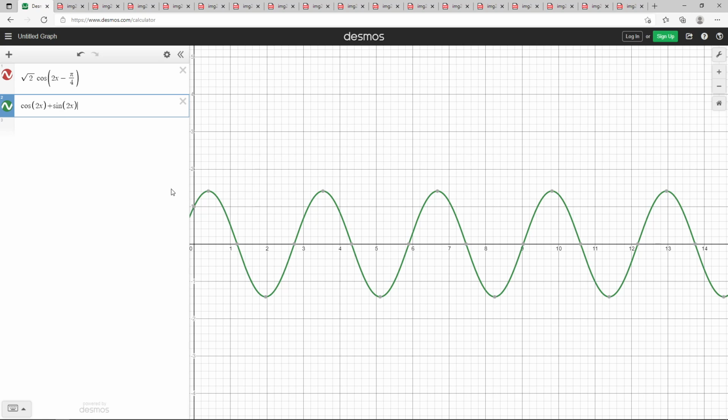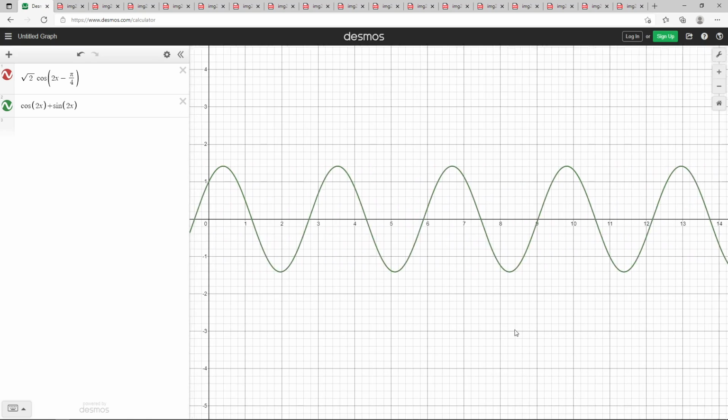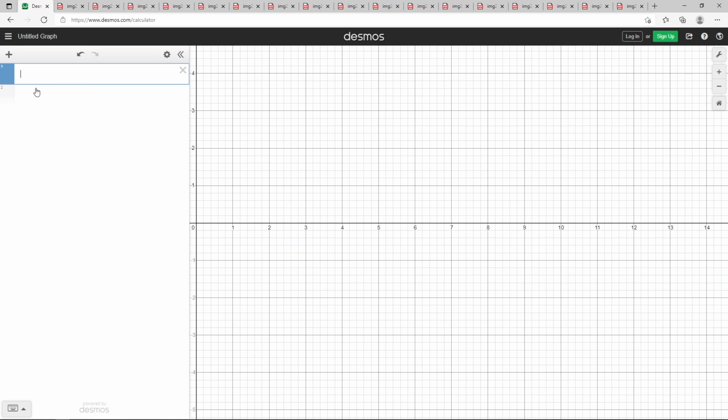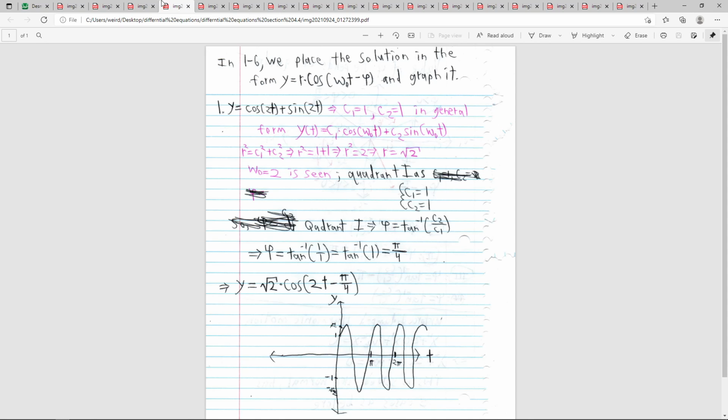As you can see, it went right on top of it. Same exact function. We're only concerned about from 0 onward, t equals 0 onward, because we can't have negative time. So that's that.